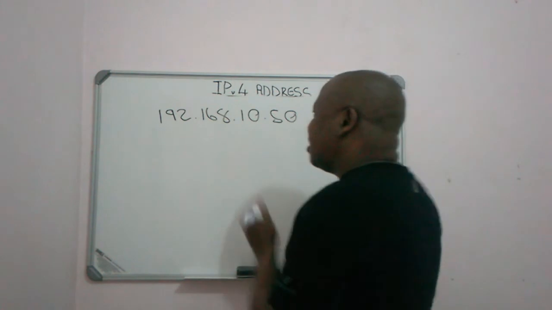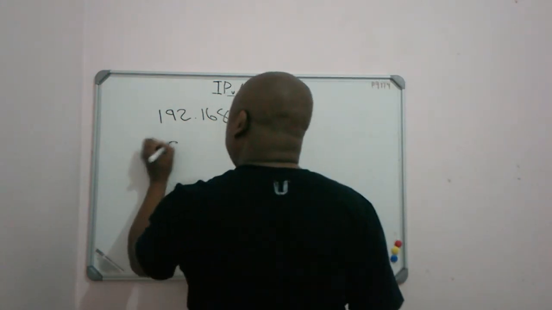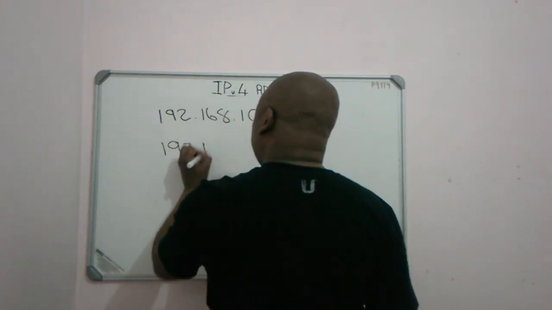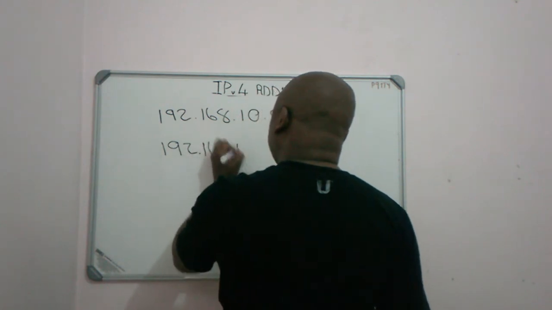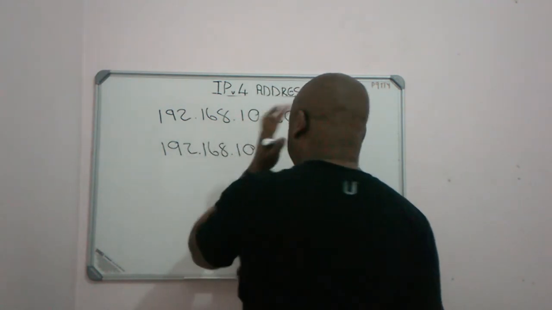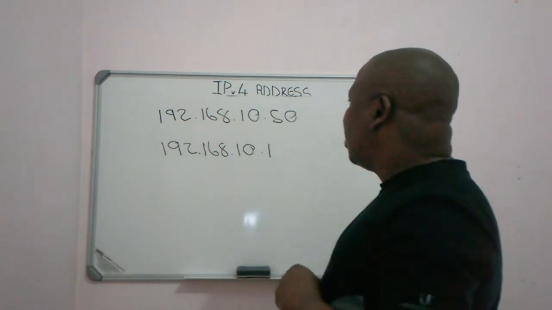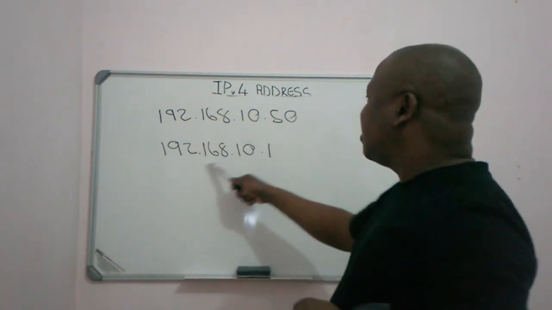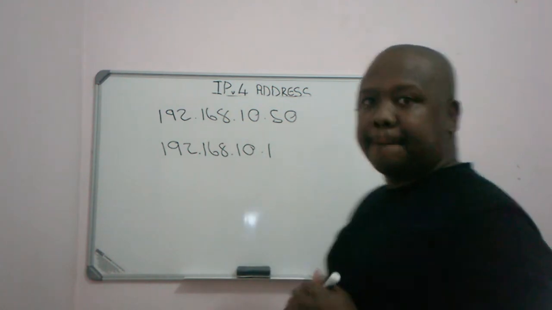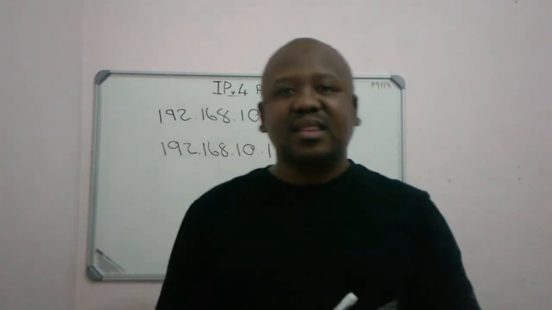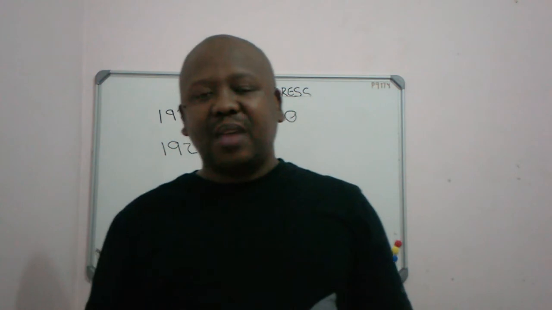Let's say my gateway is 192.168.10.1. My NAT will take this 192.168.10.1 and translate it to the public IP address that my service provider assigned for me.